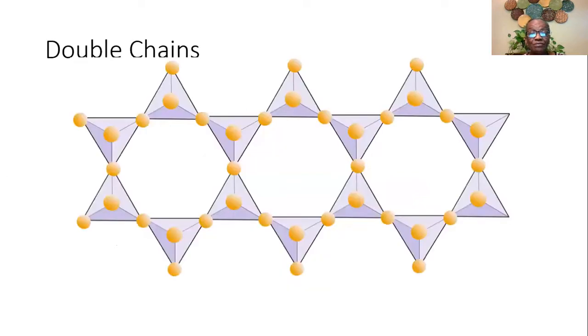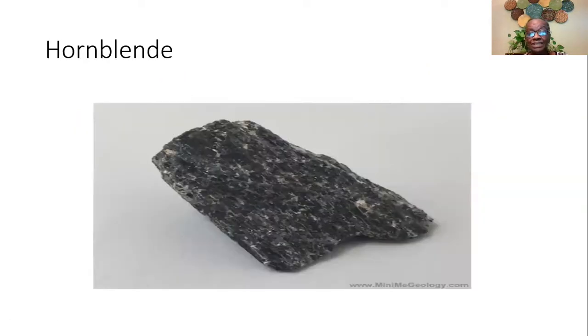And we also have double chain. You see, this is one of the chains here, and then here's the other chain. So that's a double chain. Hornblende is an example of a silicate that is a double chain tetrahedron.